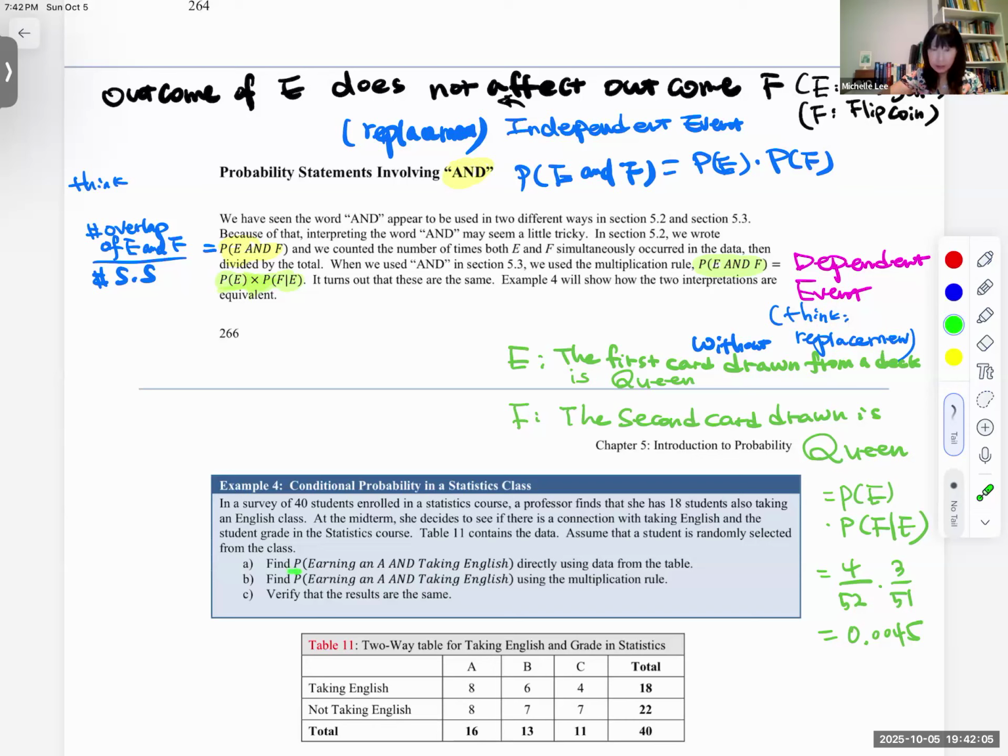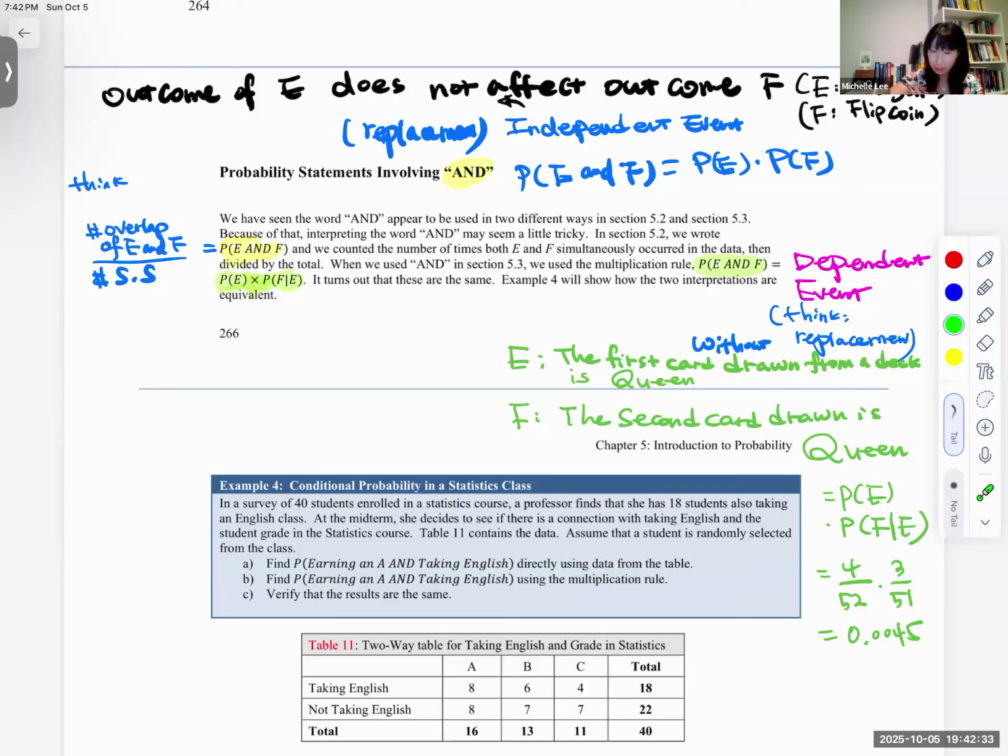We want to find the probability of earning A and taking English, right? So directly using data from the table. So N part, which is overlap, right? In that case, overlap. Yeah, we have 3 different types of N, right?